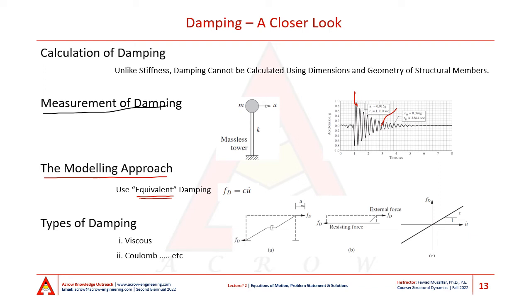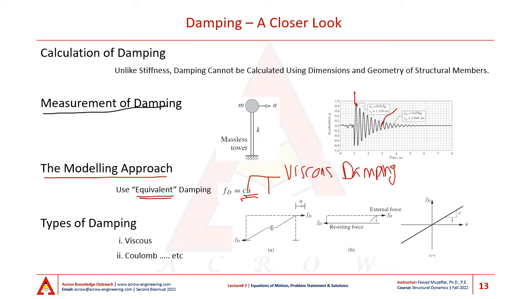Now, there are a couple of different types of damping that you should be aware of. We will be using viscous damping in our formulations, and viscous damping means damping that is correlatable to the velocity of deformation in the structure.